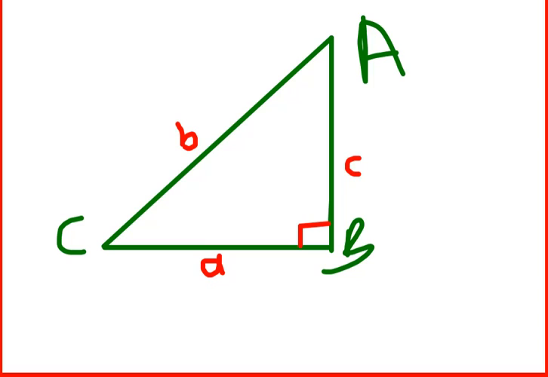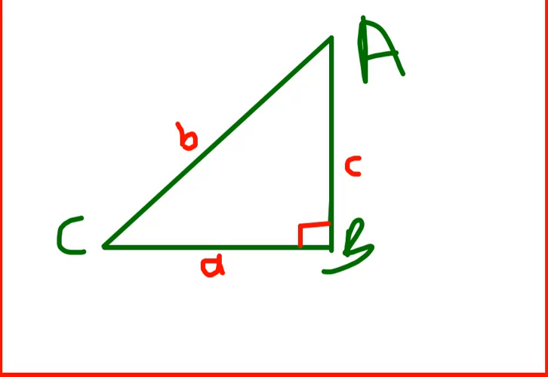Before we go into it, we always need to know this point. In order for you to use the theorem of Pythagoras, you always need a right angle triangle. You can never use the theorem of Pythagoras on any triangle that is not a right angle triangle. So with that being said, I just want to give you the basic properties of a right angle triangle.